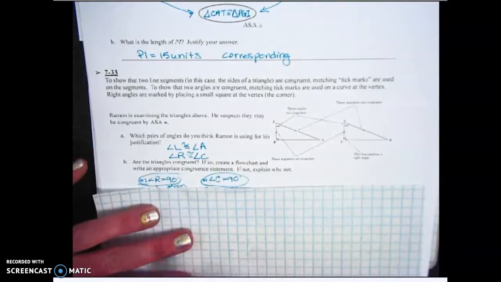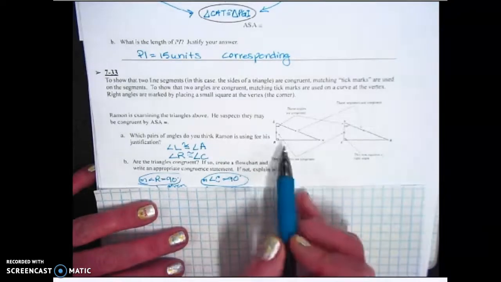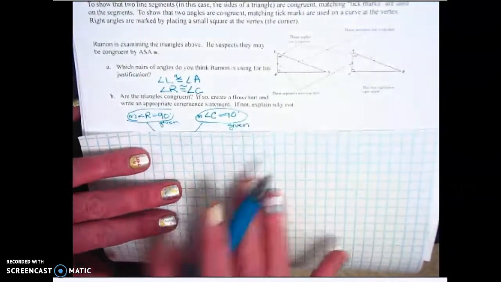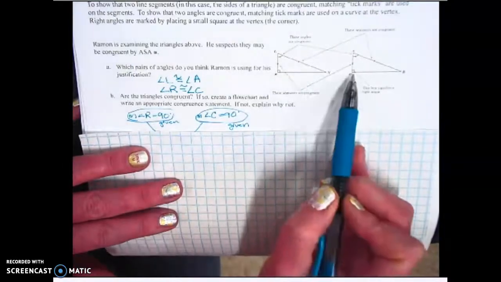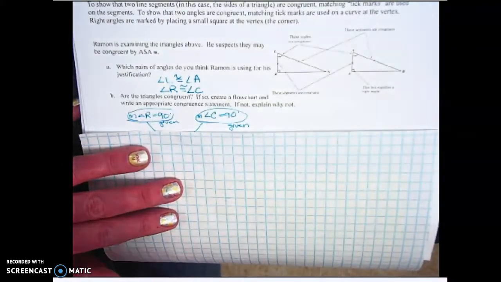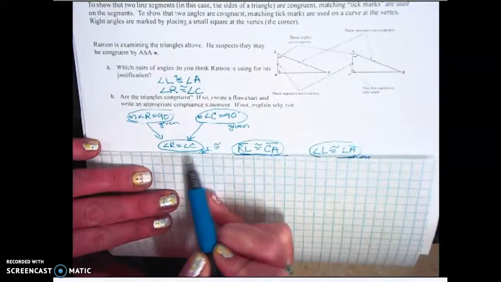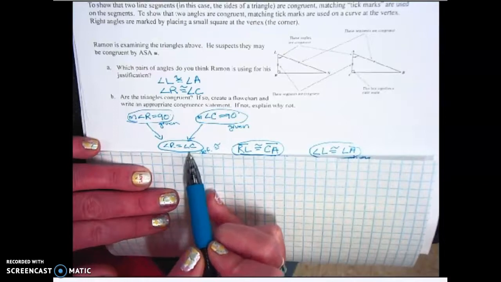I'm going to take the fact that R and C are 90 degrees because I like that little box. So I'm going to start with that. Okay? And that information is given to us. When they draw the little box, that means it's given. Okay? That means that those two angles are congruent to each other.